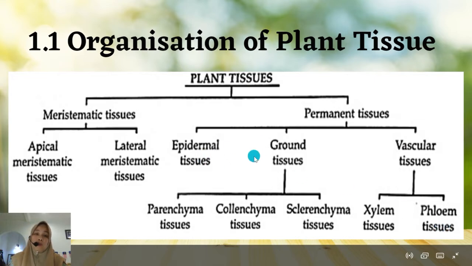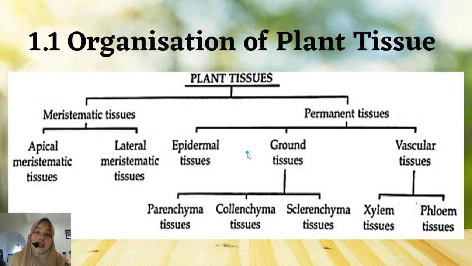So these are referred to the organization of plant tissues. I repeat, plant tissues can be divided into two main types of tissue, which are meristematic tissues and permanent tissues. Meristematic tissue refers to actively dividing cells that carry out mitosis repeatedly.